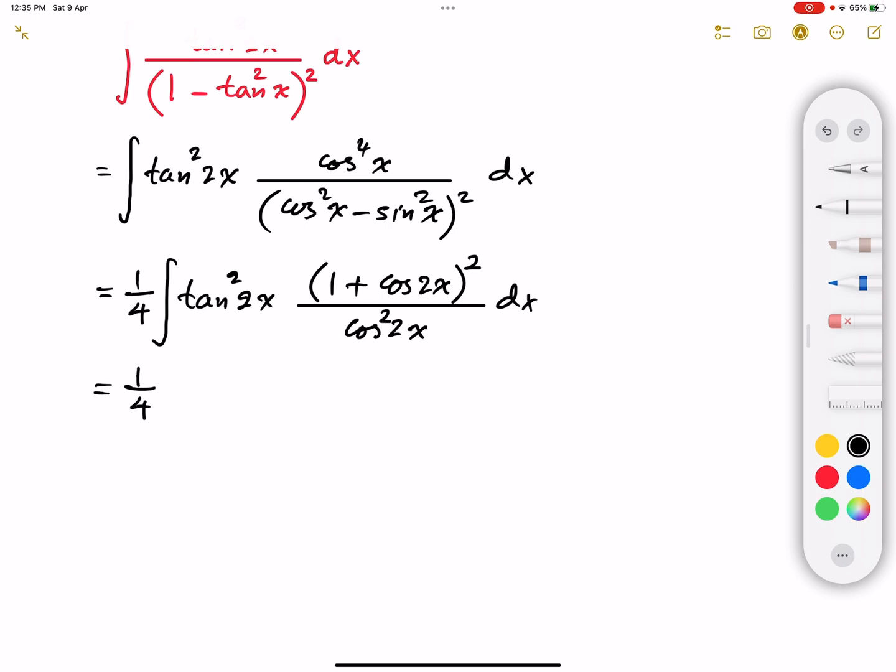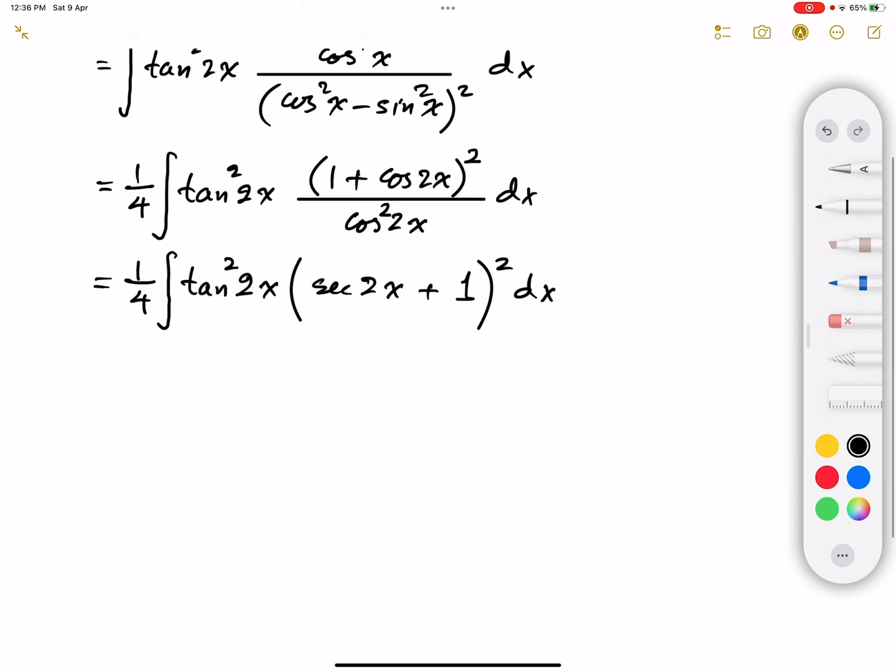We still have 1/4 outside the integral. The tangent is not going to be changed, it is fixed here. What we get is 1 over cosine 2x, which gives us secant 2x, plus cosine over cosine, which gives us 1, and that is all raised to the power 2, dx.